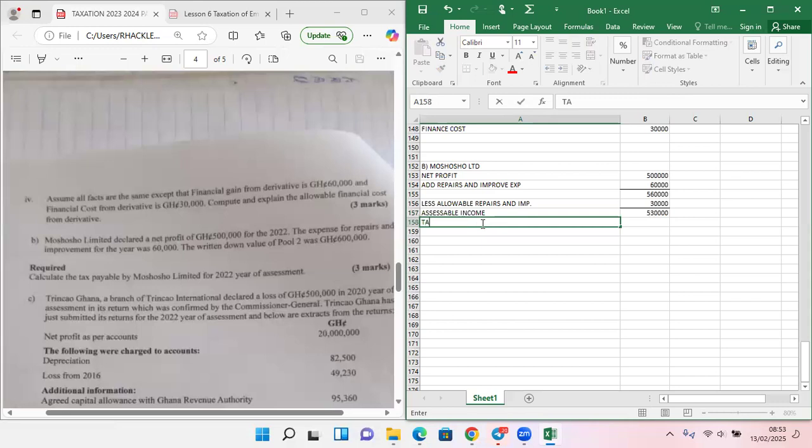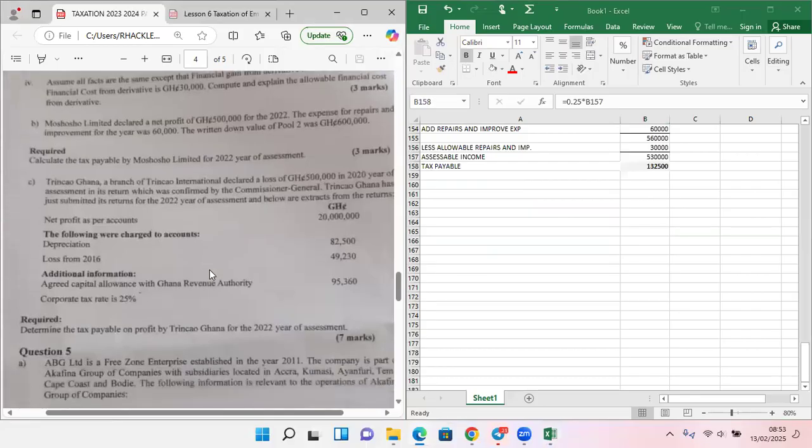We apply our tax rate of 25%. Therefore, the tax payable by Social Limited in the 2022 year of assessment is 132,500. And let's move to C.